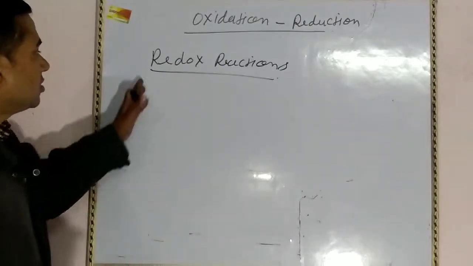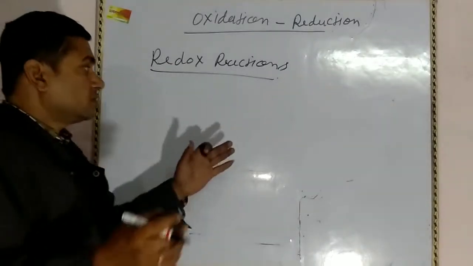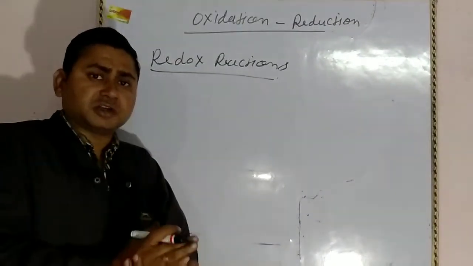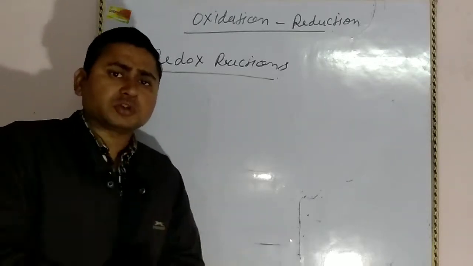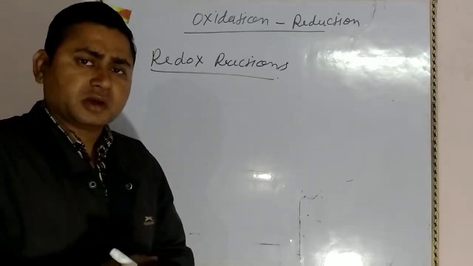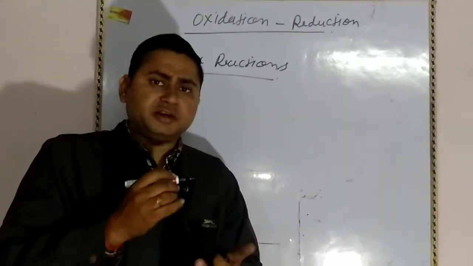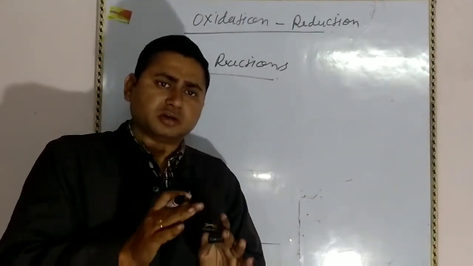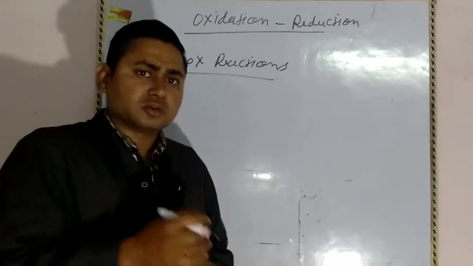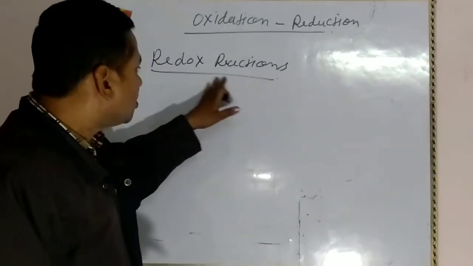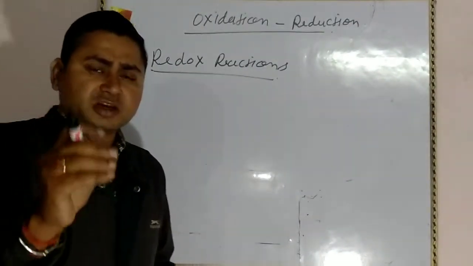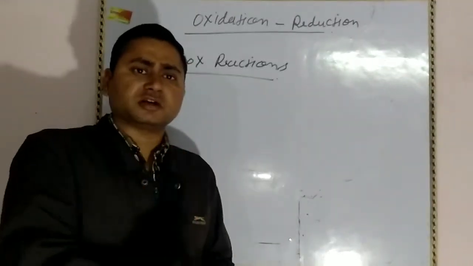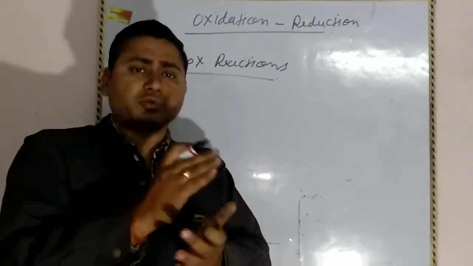So what are redox reactions? Means when oxidation and reduction both occur together, that reaction is called redox reaction. Means the reaction in which oxidation and reduction both occur all together.